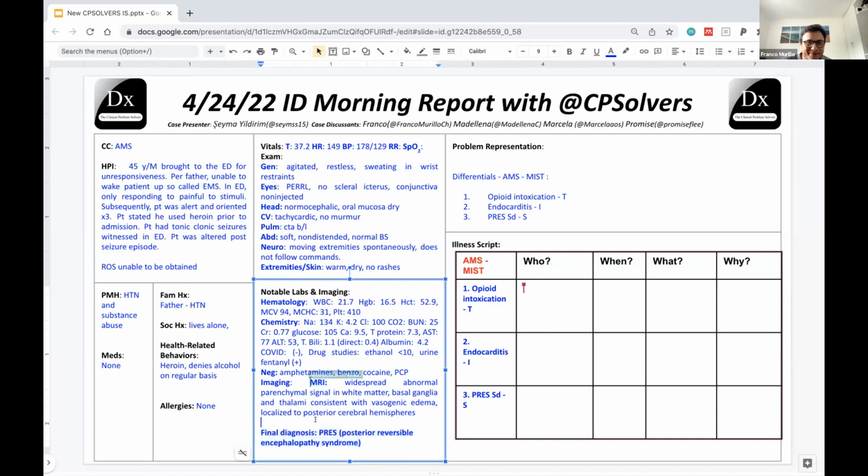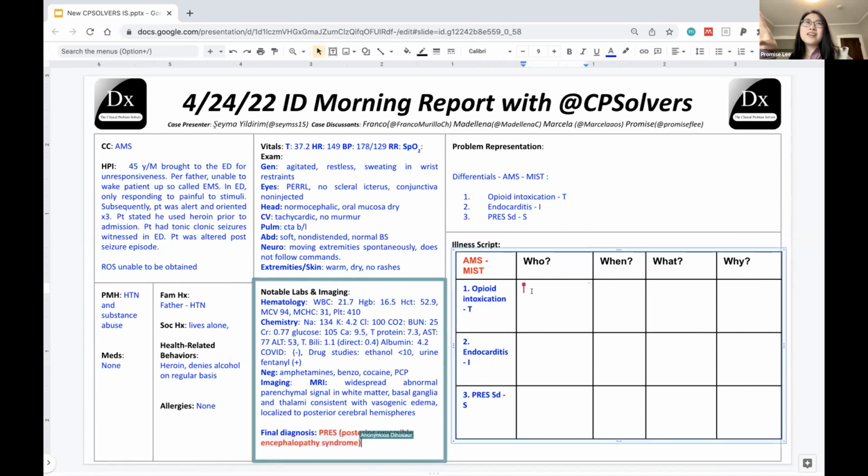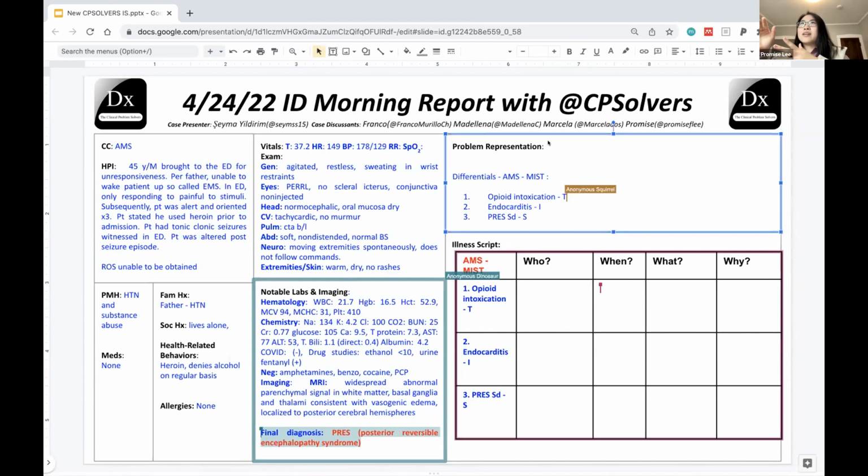Can you start, Promise? Yeah, so usually for teaching points, this time we're going to do bootcamp-style teaching points. We're going to walk you through this entire case and dissect the illness script so that you can see how we form this illness script as we get more data in each aliquot, and how we can use this differential and compare and contrast them with our problem representation.